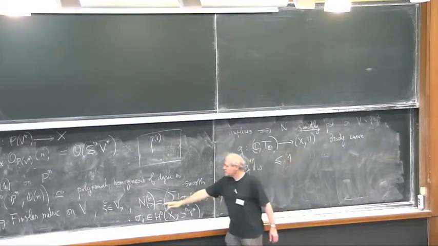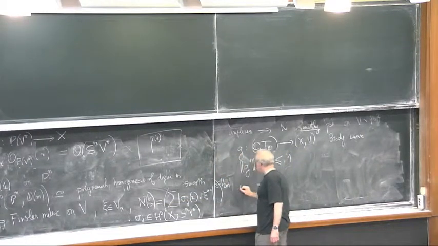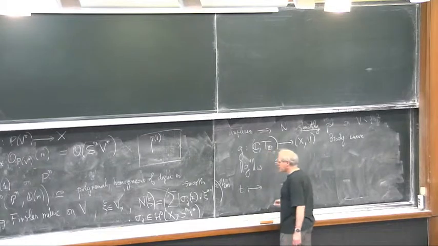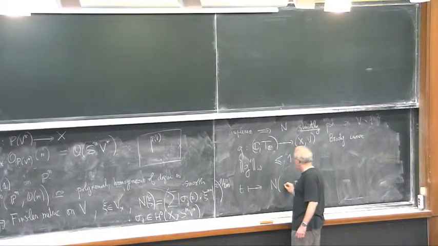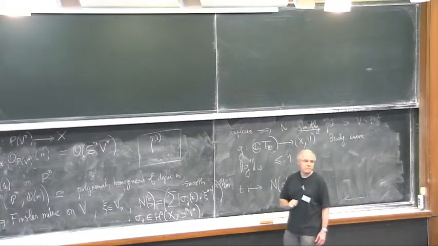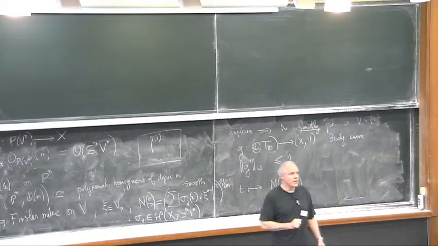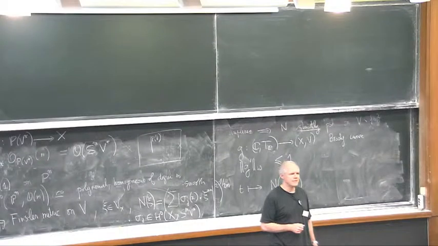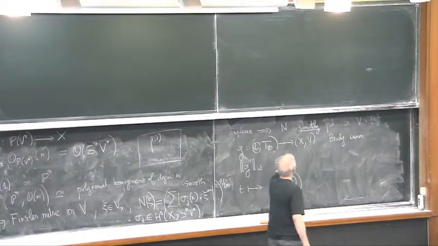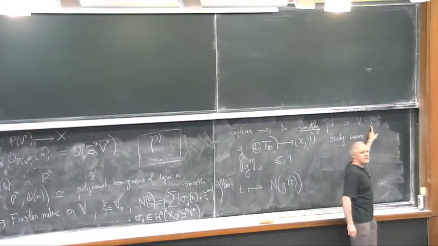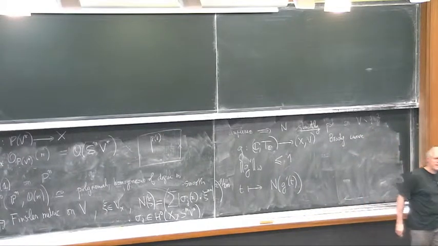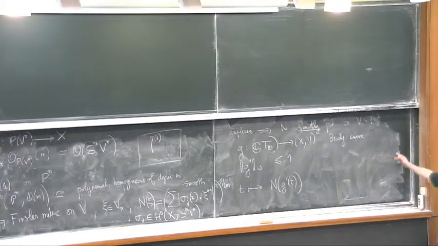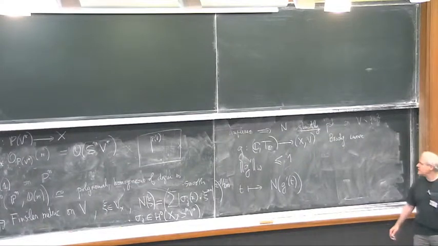But then you're just considering the function which to t associates the Finsler norm of the derivative. Okay, but now it's going to be a bounded strictly plurisubharmonic function. Well, it's strictly plurisubharmonic only on V minus 0.